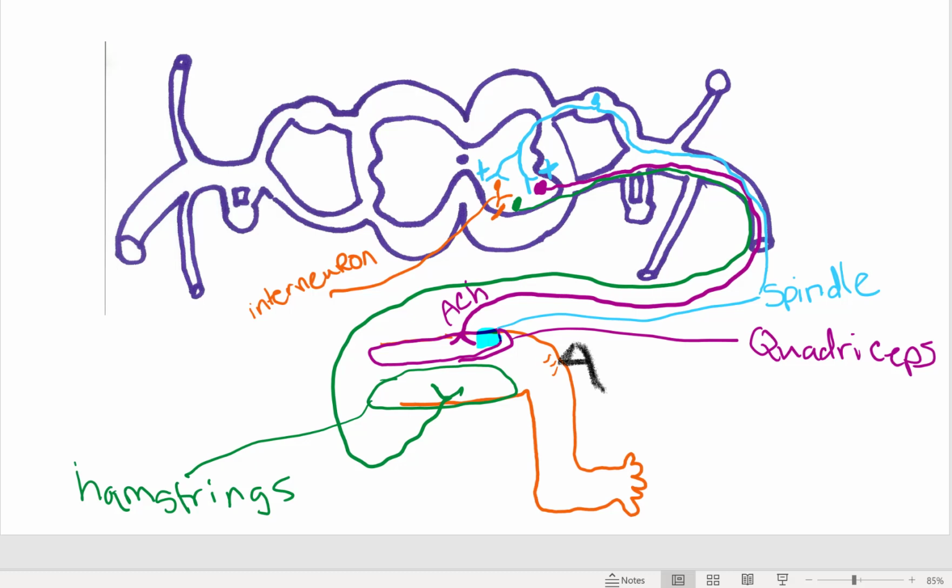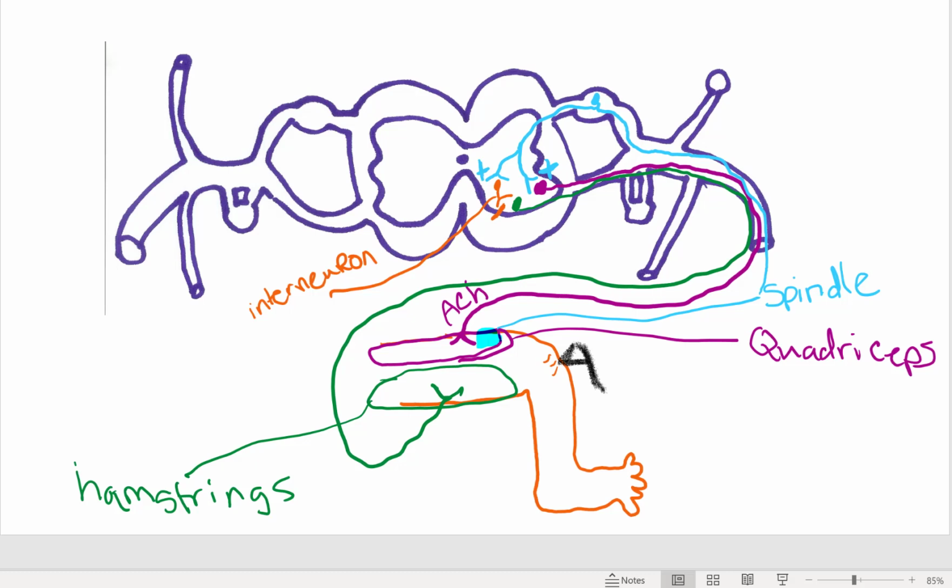If the green somatic motor neuron receives inhibitory neurotransmitter, it would hyperpolarize, become more negative. It would not reach threshold. It would not fire an action potential. That means the hamstring muscle group would stay relaxed.